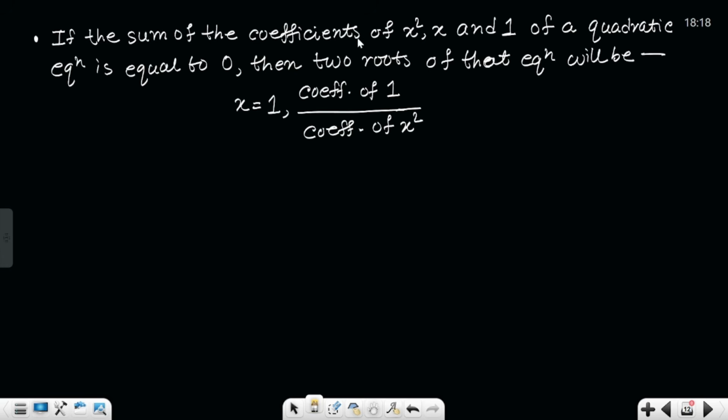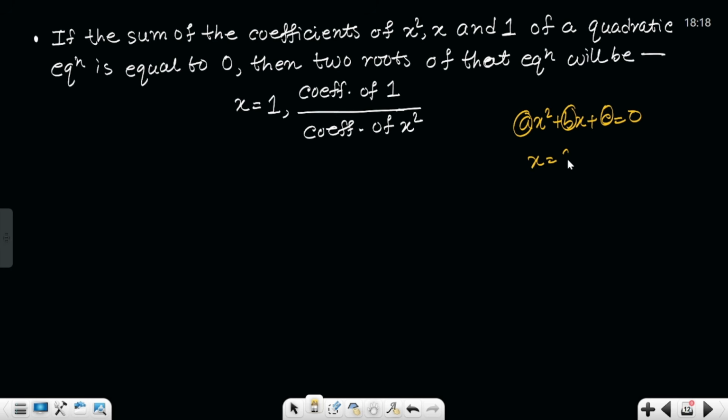If the sum of the coefficients of x squared, x and 1, okay, that means ax squared plus bx plus c equal to 0, so the sum of a, b and c of a quadratic equation is equal to 0, then the two roots of that equation will be x equal to 1 and the other root will be the coefficient of 1 divided by the coefficient of x squared.